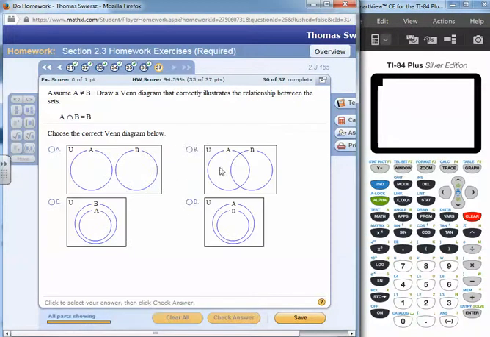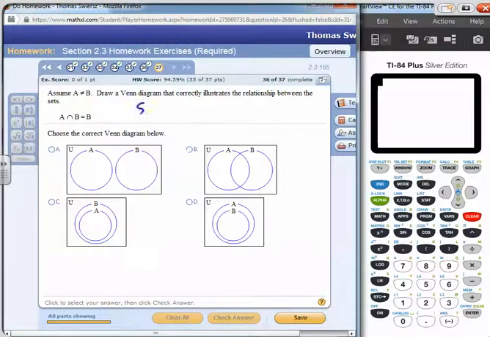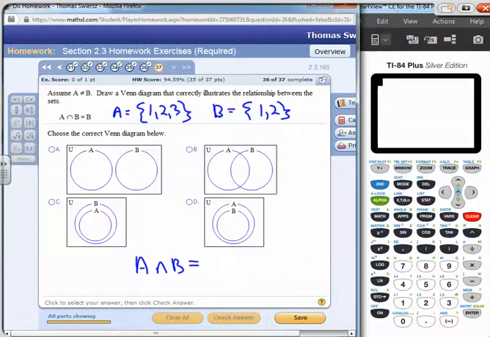All right, number 37, A intersect B equals B. Now notice, if A has the elements 1, 2, 3, and B has the elements, let's say, 1 and 2, then if we take A intersect B, we're going to take whatever's common to both A and B, which would be 1 and 2.